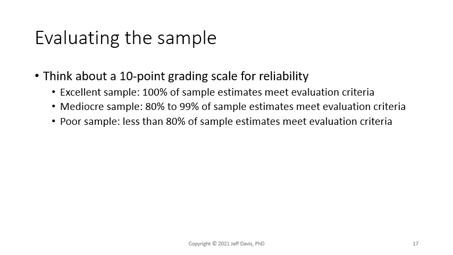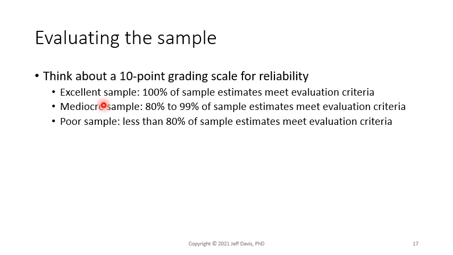Okay, so we spent that time evaluating the estimates, but now you want to evaluate the sample. Here you say it's an excellent sample, or it's highly reliable, if 100 percent of all the sample estimates meet the evaluation criteria.